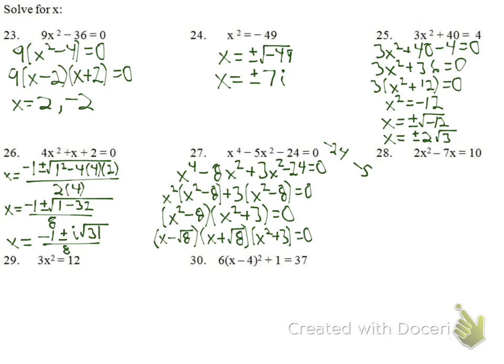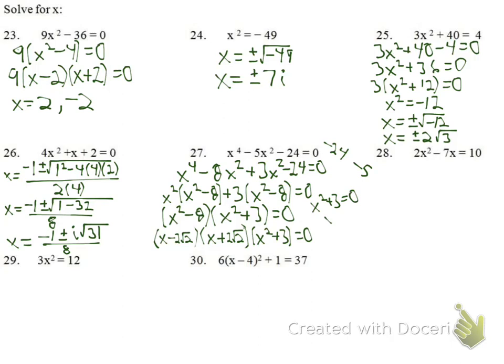But we can actually simplify the square root of 8. The square root of 8 is 2 root 2, so let's clean that up. That's going to be 2 root 2. And since we are simplifying here, we could simplify that x squared plus 3, because what if we set that equal to 0?